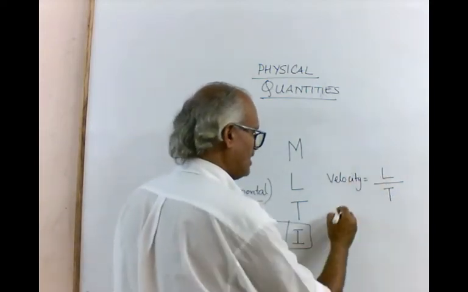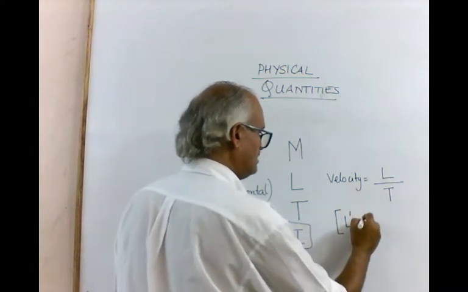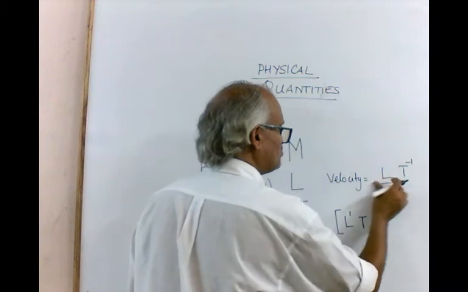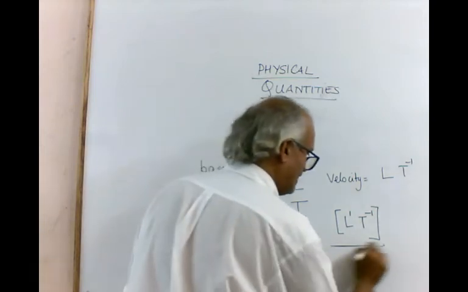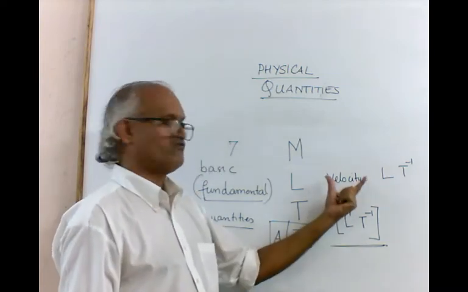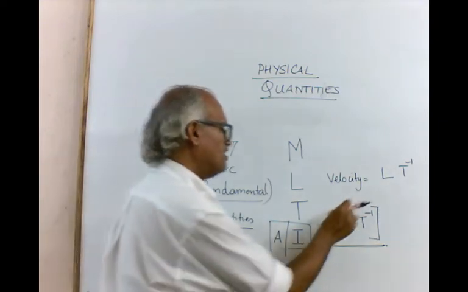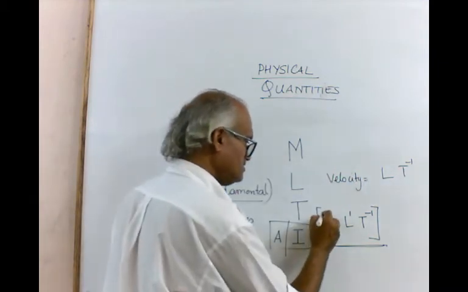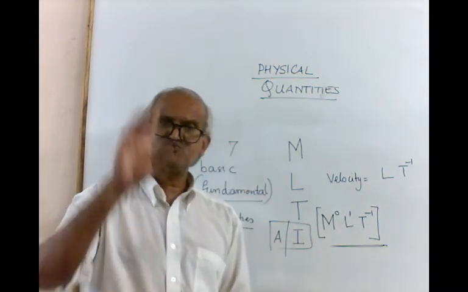If I write this L and T in a square bracket, L raised to 1, and T, which is in the denominator, becomes T raised to minus 1, so I write it like this. This is the dimensional representation of velocity, the dimensions of velocity. In the quantity velocity, mass is not there. So if I want, I may also add it to make it a little more complete and comprehensive. Mass doesn't exist in this, so mass raised to 0, and you know that anything raised to 0 is 1.